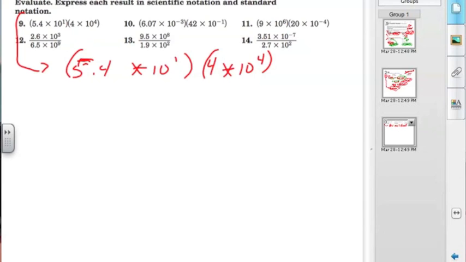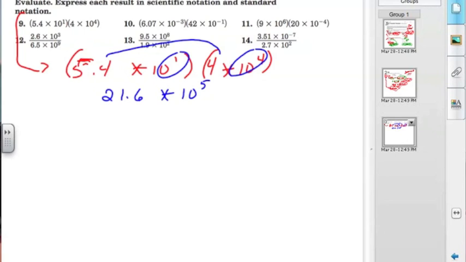Doesn't matter. You still come up with the same answer because everything is being multiplied. So basically what I'm going to do is multiply 5.4 times 4. And when I do that, I get 21.6. And then I use my rules of multiplying bases with like bases by exponents. I just add them. So I have times 10 to the 5th.